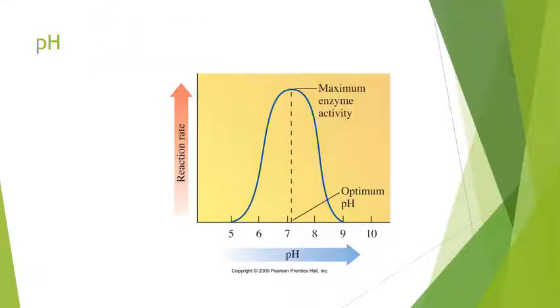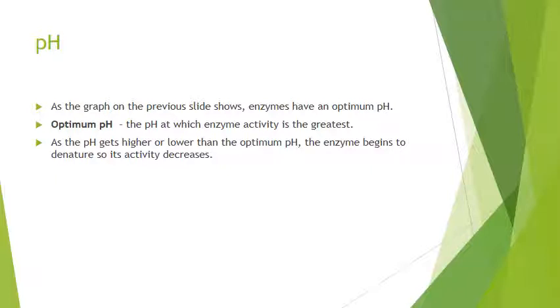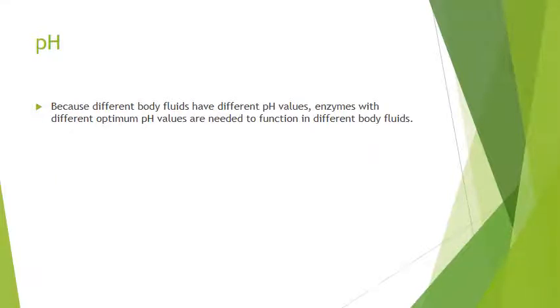Okay, another way to think about enzymes is they all need to be at a specific pH. So if the pH is too high or too low, the enzyme won't work. The pH values of the fluids in your body can be different.